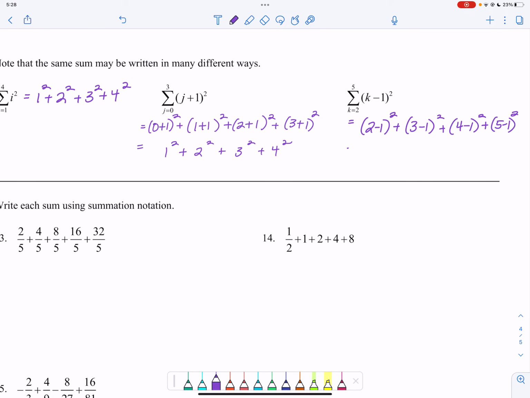And again, you can see we have 1 squared plus 2 squared plus 3 squared plus 4 squared. So 3 different ways here to come up with the same sum.